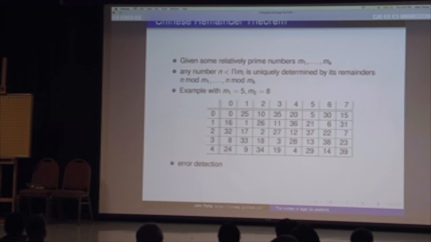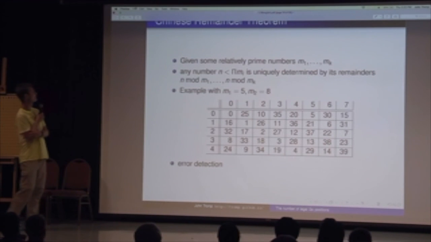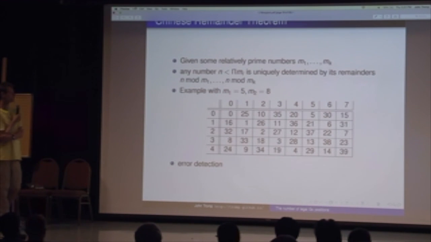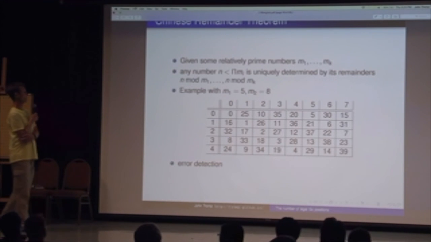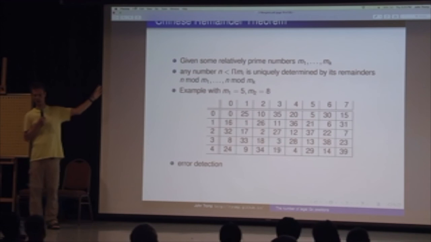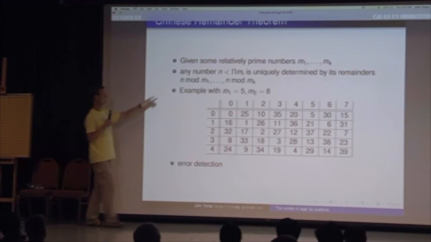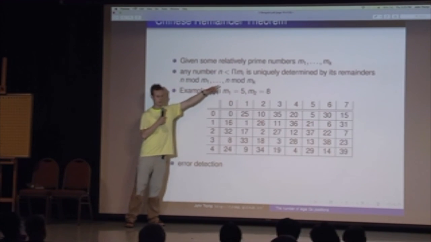So about the algorithm to compute this, one major ingredient is the so-called Chinese remainder theorem. What that says is that if you have a bunch of relatively prime numbers, m1 through mk, then you can determine any number up to the product of those uniquely by the remainders, so n modulo m1 through n modulo mk.